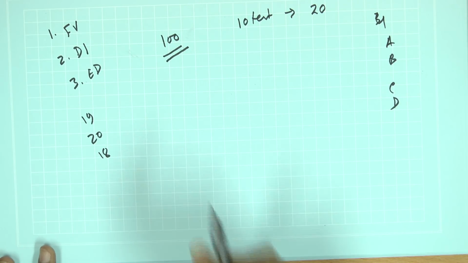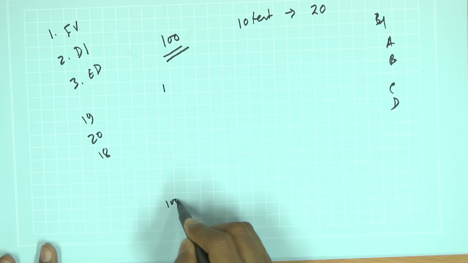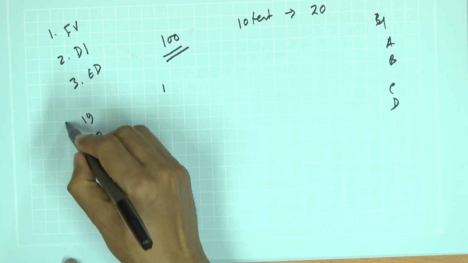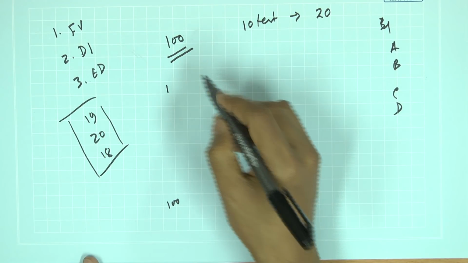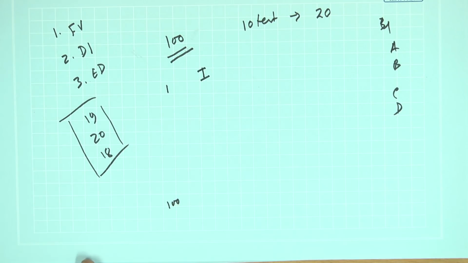Now I can rank them 1 to 100 based on the total marks they have got. Now I want to analyze every test item to find the facilitation value, discriminative index and effectiveness of the distractor.